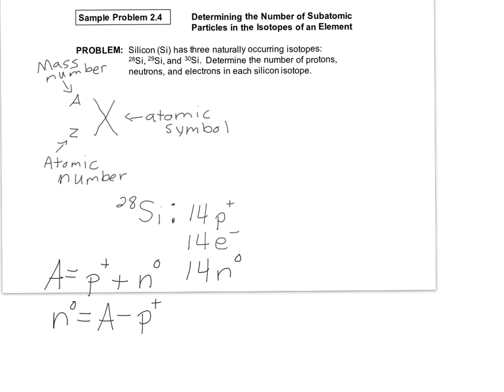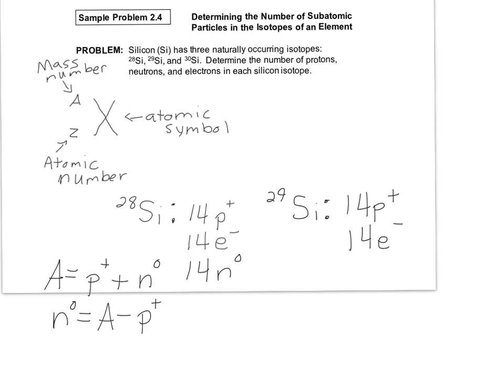Alright, so let's see, silicon-29, that's our next one. So let me write it down. The atomic number did not change, so silicon-29 is going to have 14 protons. And remember, these things have the same number of electrons as they do protons, so it's also going to have 14 electrons.